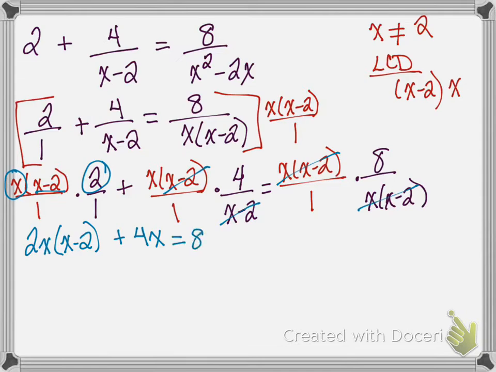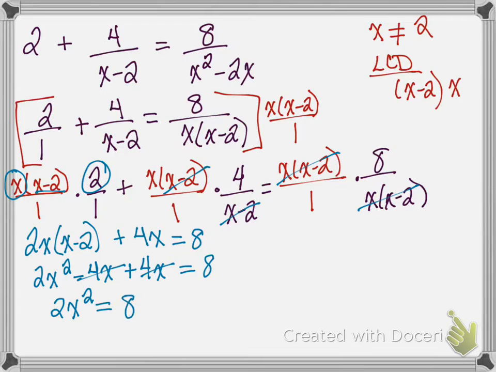Okay. 2x times x is 2x squared. 2x times negative 2 is minus 4x. Okay. I am left with 2x squared equals 8.